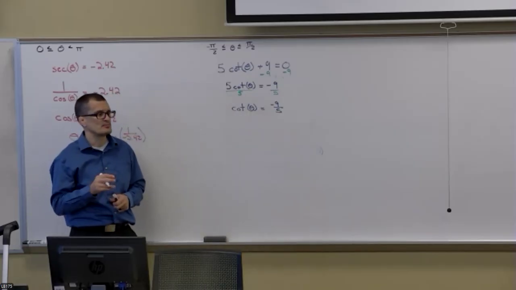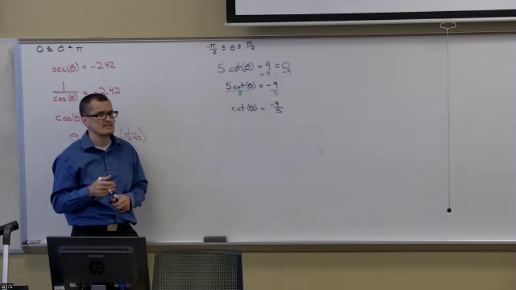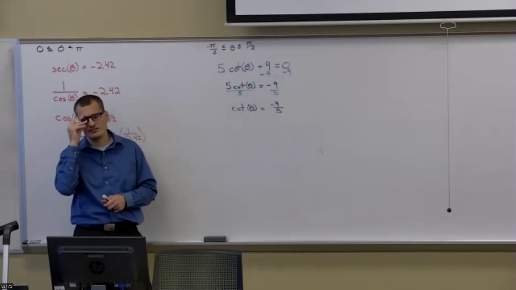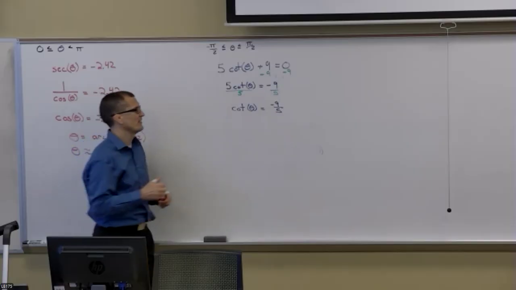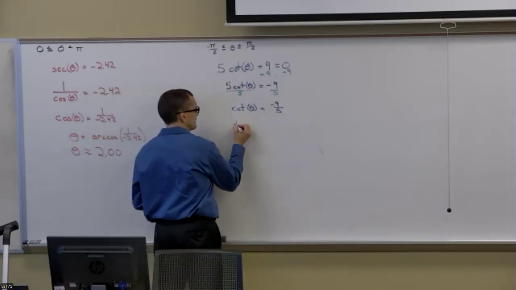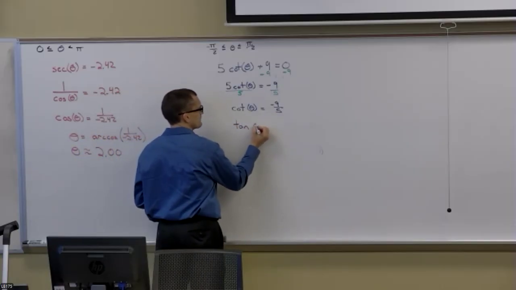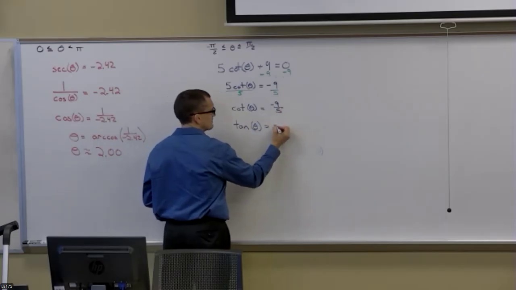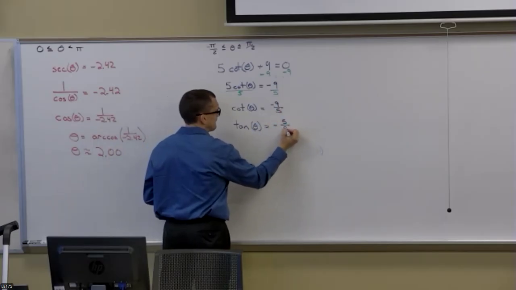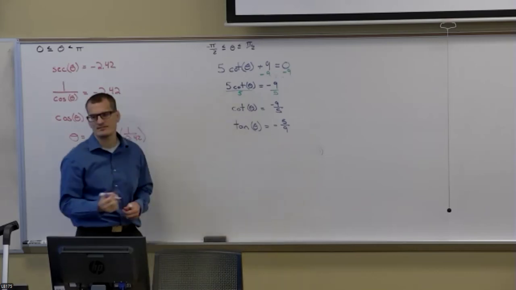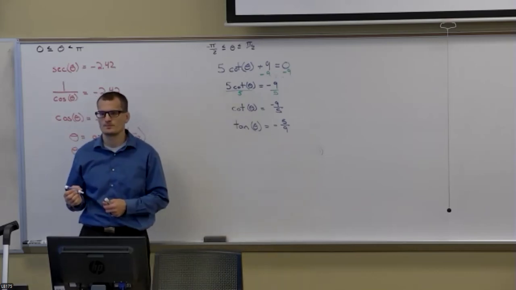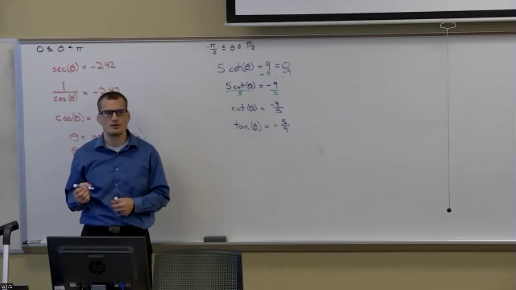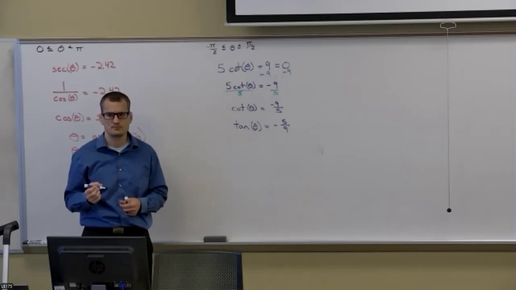I'm going to use the reciprocal identity, that the reciprocal of cotangent is tangent. Therefore, tangent of theta has to be the reciprocal of this. The reciprocal would be negative 5 over 9. Everybody okay with that? So just using the reciprocal identity there.